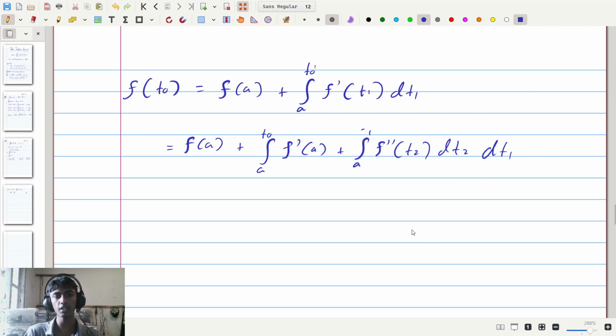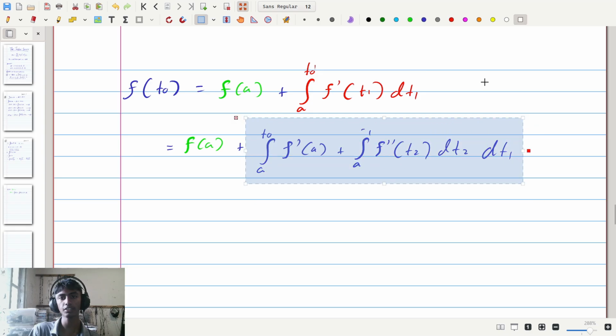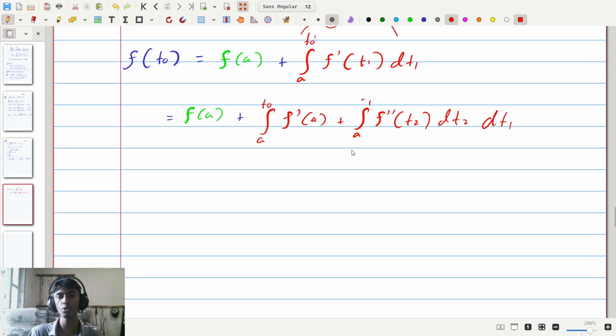What I'm going to do here to avoid confusion is color code some of these. I'm going to color code the f(a) in green. So this f(a) is going to be green. This is going to be green. This integral I'm going to color code in red. And as such, this is also going to be in red. So I'm going to label this first integral over here as being I1, and we're going to later label another integral as being I2. So we're going to label this I1 and move on.